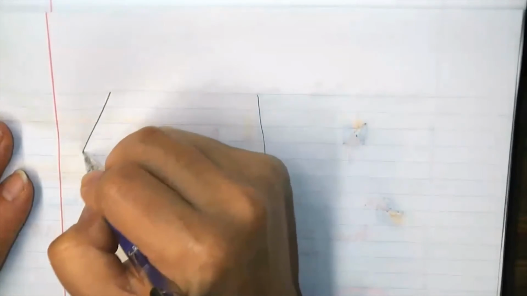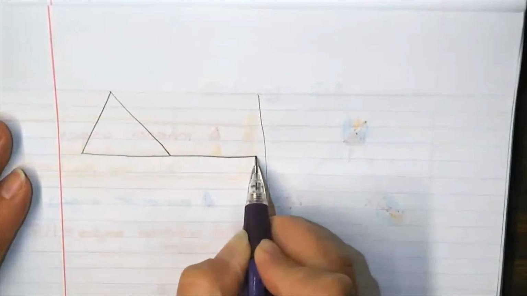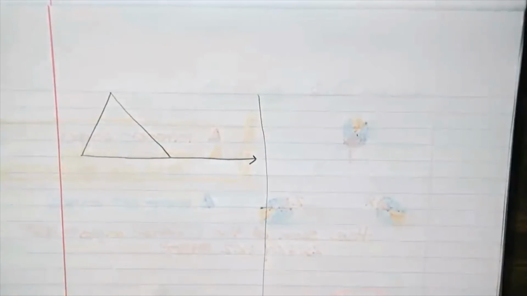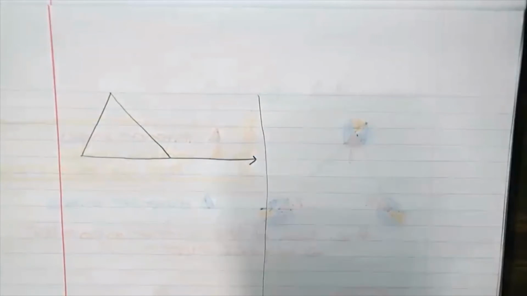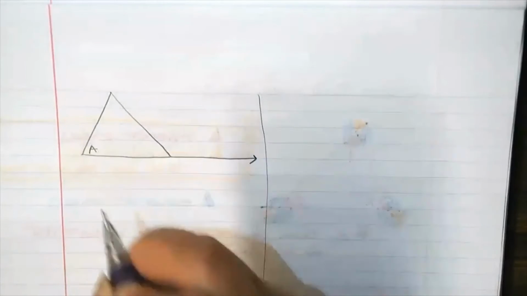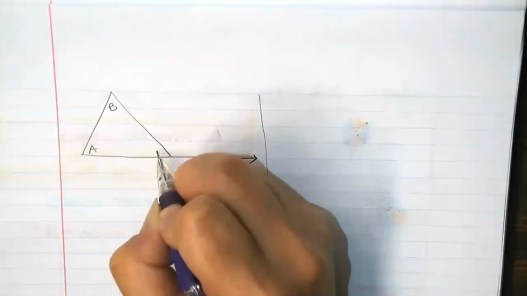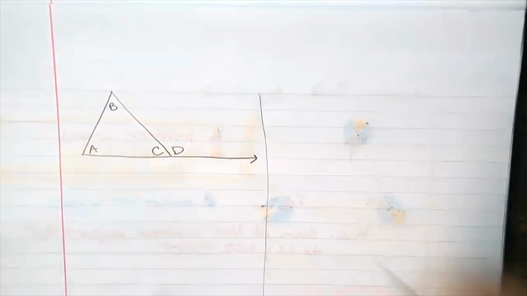So let's draw a triangle, and we're going to extend one of the legs. So we have angle A, B, C, and D.